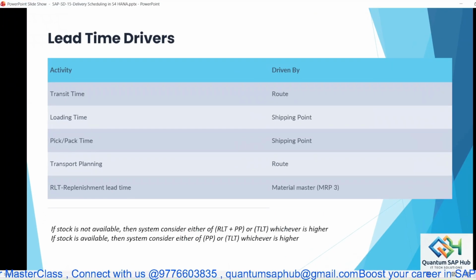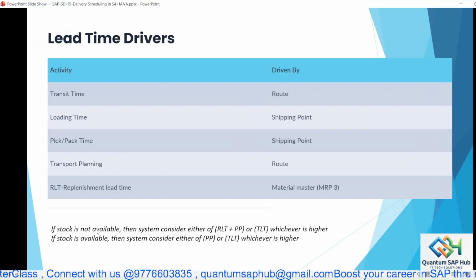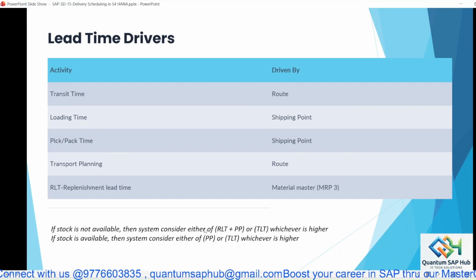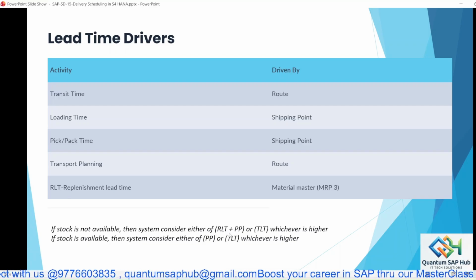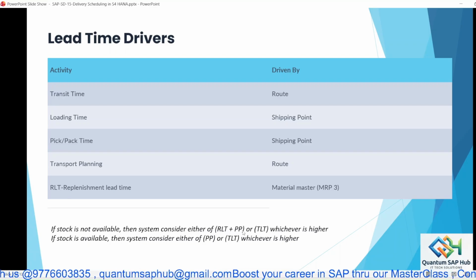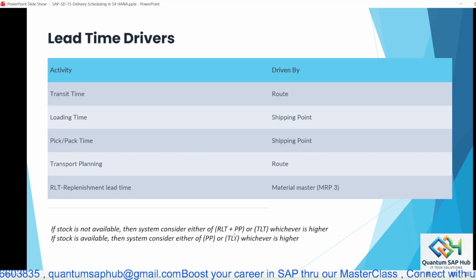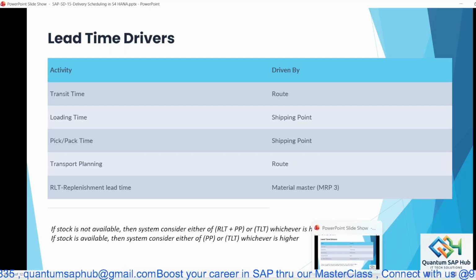So here comes the logic. If the stock for that material is not available, then it will go for RLT plus PP. What is the RLT? RLT is 2 days. How much have we maintained for pick pack time?